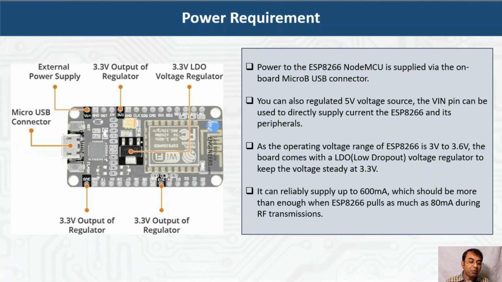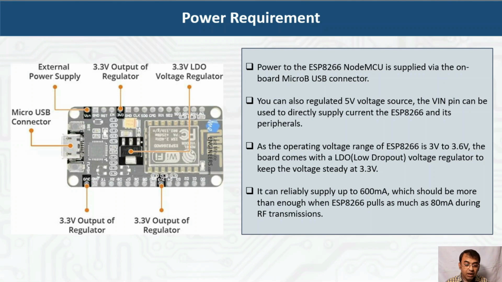The Vin pin can be used to directly supply current to the ESP8266 and its peripherals. As the operating voltage range of ESP8266 is 3 volt to 3.6 volt, the board comes with an LDO, that is low dropout voltage regulator, to keep the voltage steady at 3.3 volt.